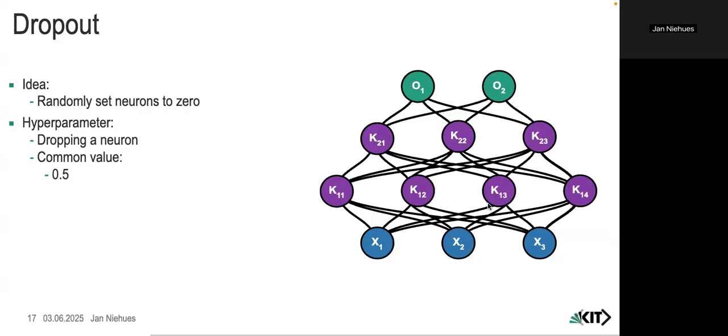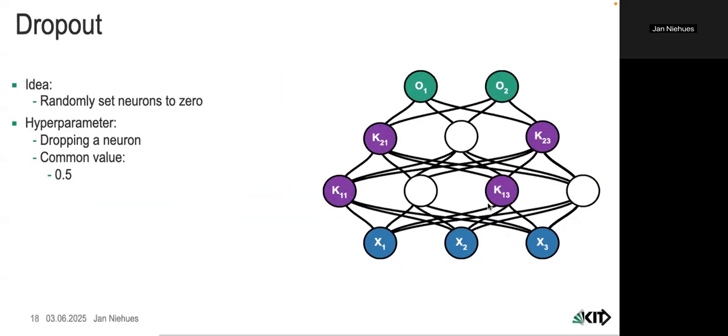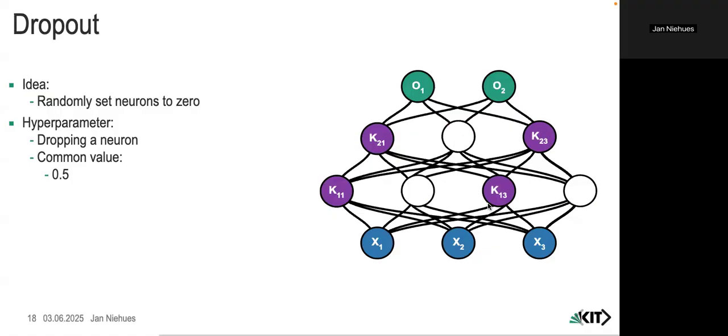Here's a very, very small network. You have 3 inputs, 2 outputs, and then 2 layers. The lower layer has 4 neurons, and the upper layer has 2. What we're now doing is randomly picking some and setting them to 0. So we have, for example, this type of network.